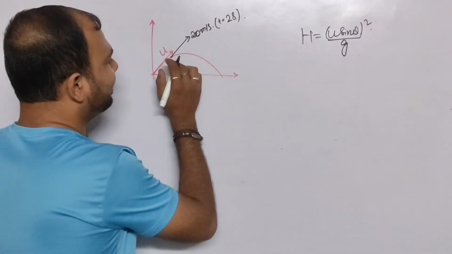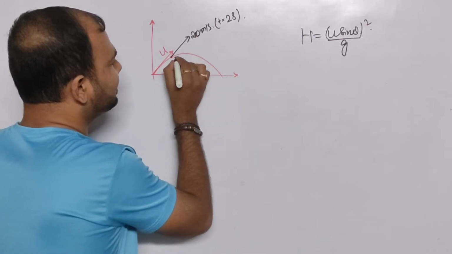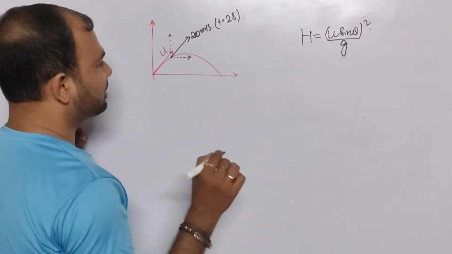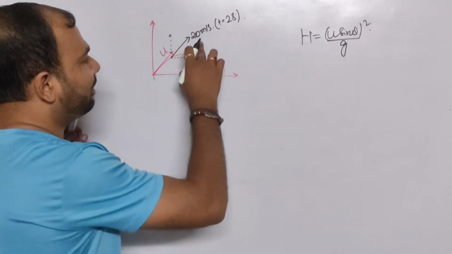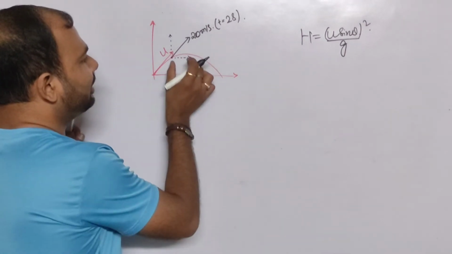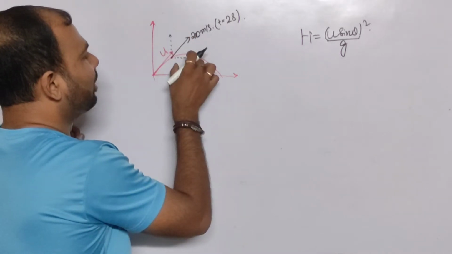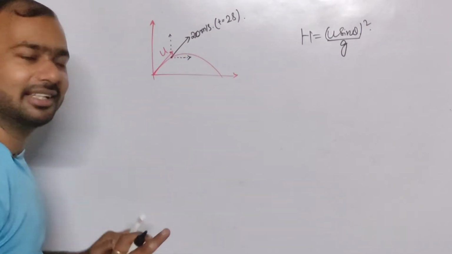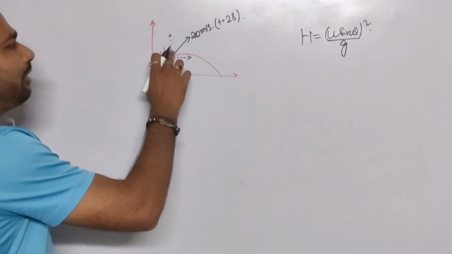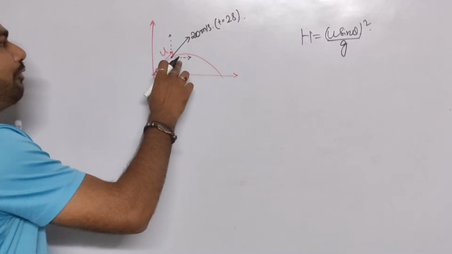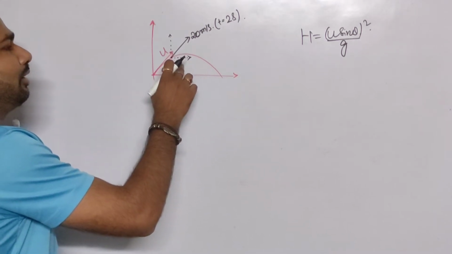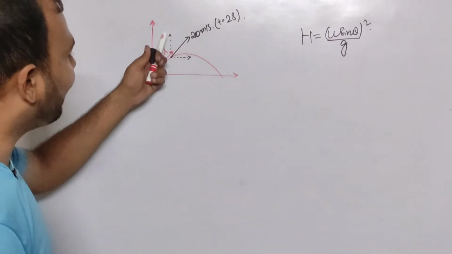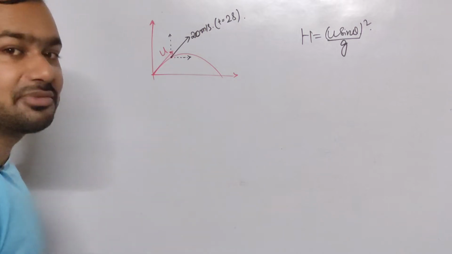If we find the horizontal component and the vertical component of this 20 meter per second, we can simply say that these are the two vectors and the resultant of these two vectors is 20. Fine. So these component vectors should be in terms of u. If we create a relation between them, then we can find the value of u.